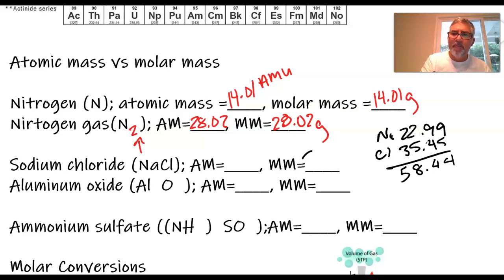So I get 58.44 grams. The atomic mass would be AMUs, that would be grams.